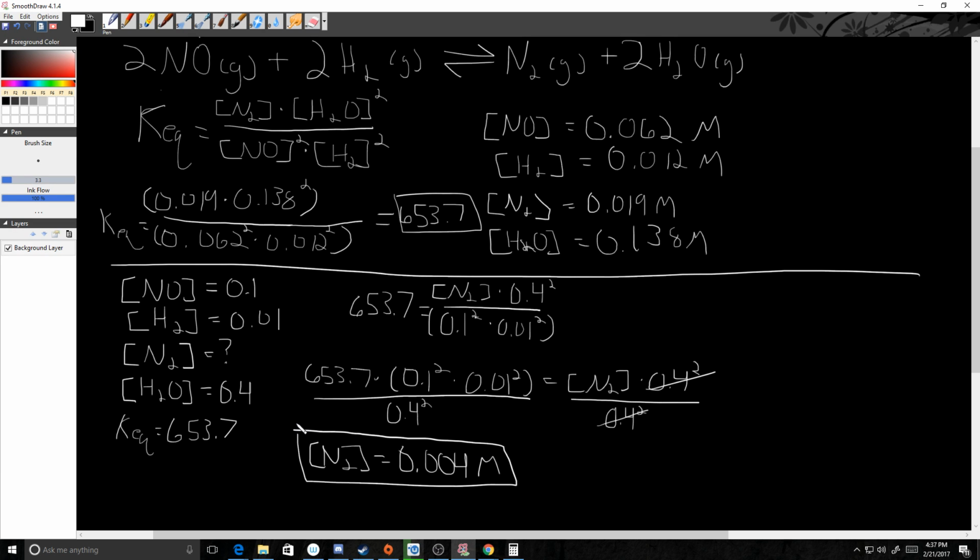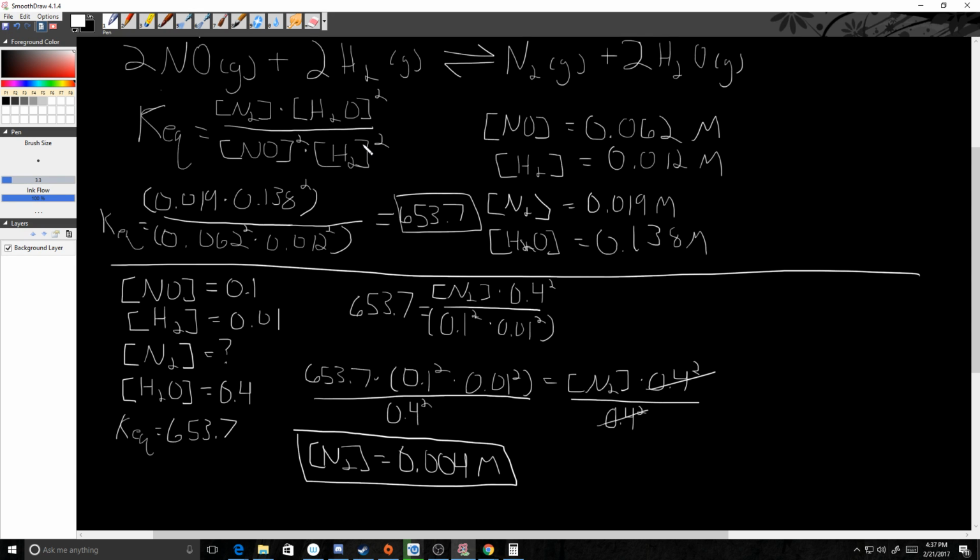So equilibrium constant's kind of useful for two reasons. Number one, as we can see on the top there, it's good for figuring out whether we're going to have more products or reactants. Greater than 1, more products. Less than 1, more reactants.